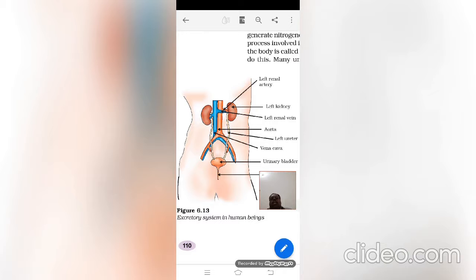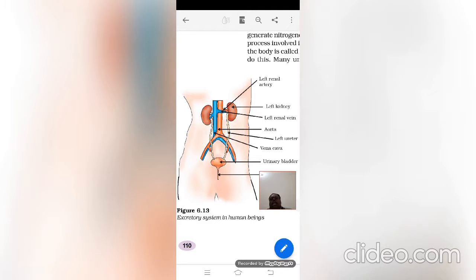These kidneys are small, about the shape of a normal soap box, that's all.